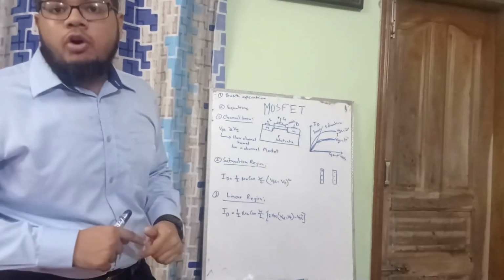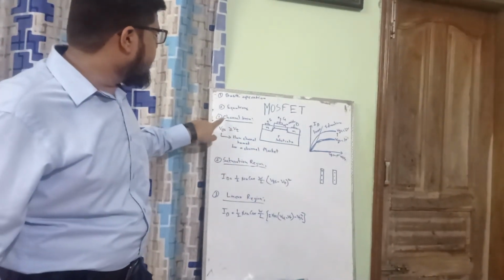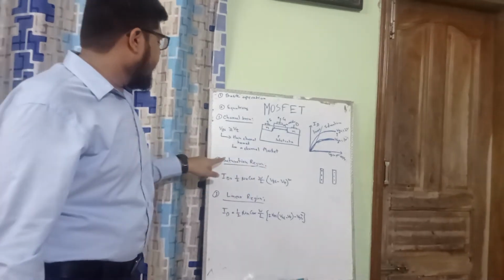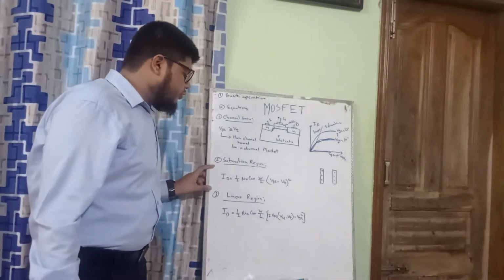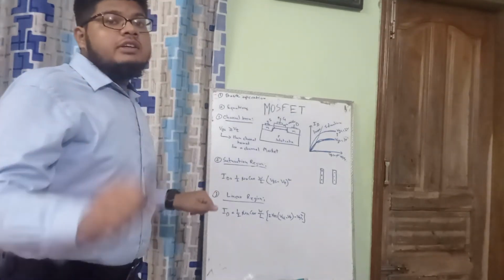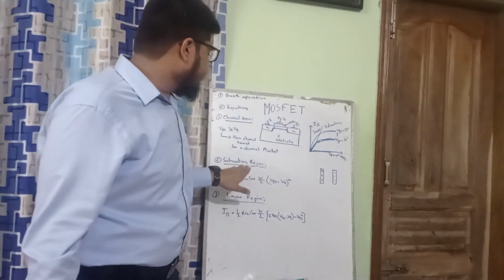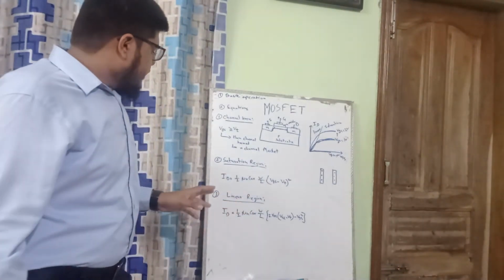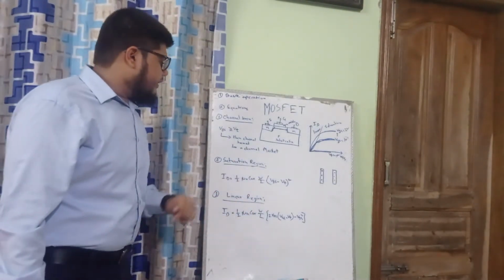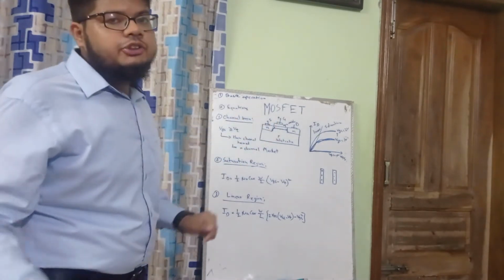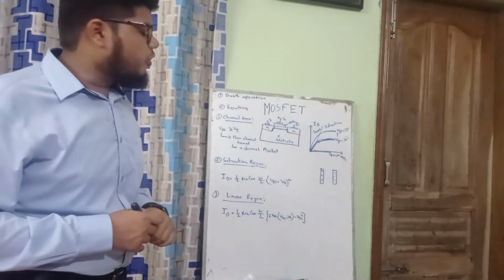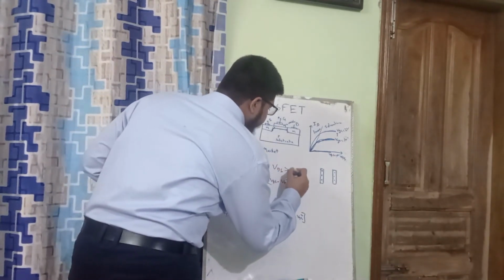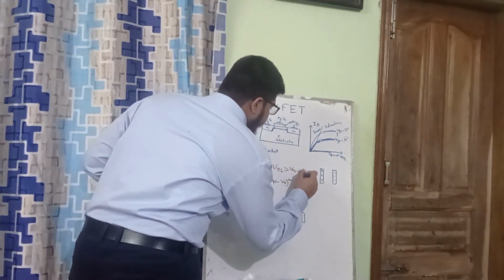If the channel is formed, which is condition number one, and if the channel is not formed, then you stop there. Otherwise, you have to check if it is in saturation region or linear region, because the drain current equations for saturation region and linear region are not the same. How will you check whether the MOSFET is in saturation region or not? You have to check that VDS is greater than VGS minus VT.